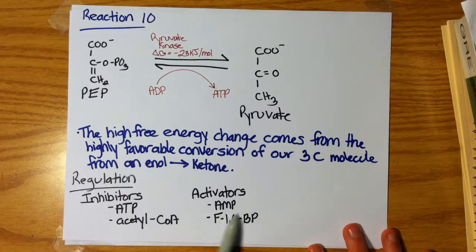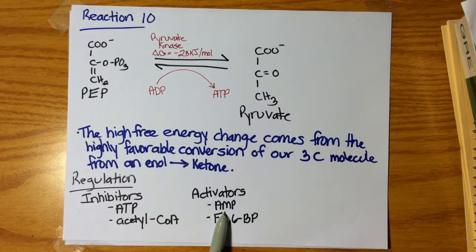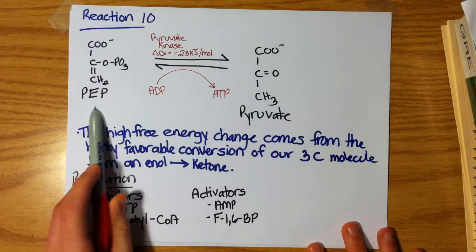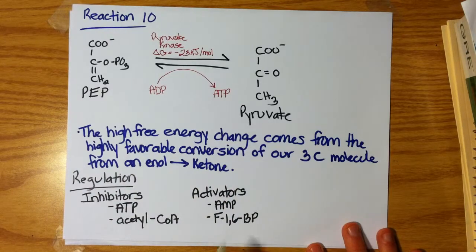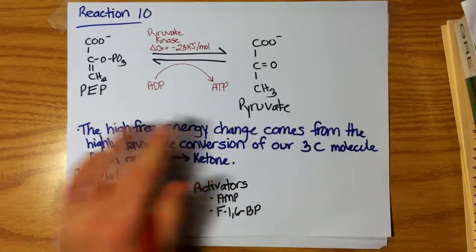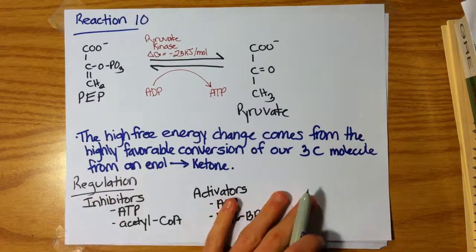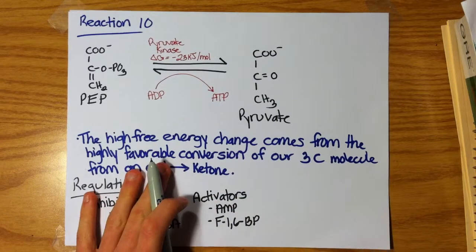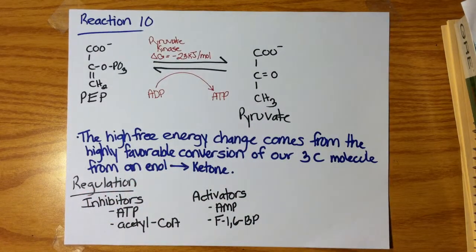And the activators: AMP, because if we don't have a lot of energy around, we have higher concentrations of AMP compared to normal, so we need to make more, so this reaction goes forward. And also fructose 1,6-bisphosphate, having to do with the reverse pathway of glycolysis, which is gluconeogenesis.